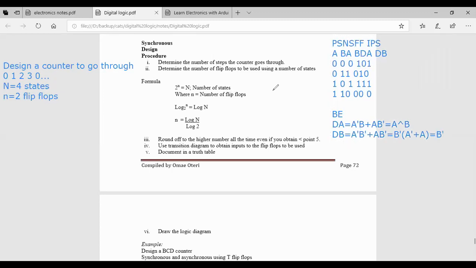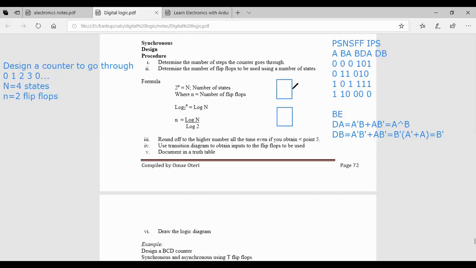Or maybe I can even draw it here, first of all, before we go to the actual representation. So this is what you're going to have. I have my two D flip-flops, and they're just squares like that, rectangles.